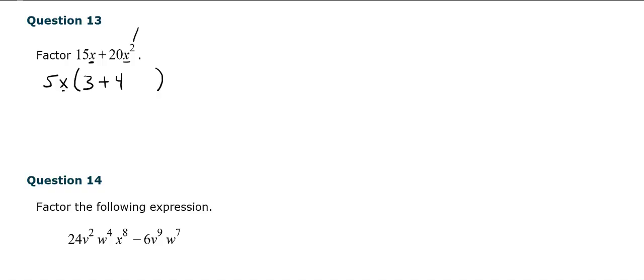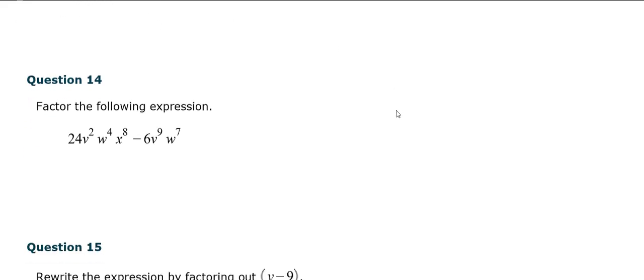I had 2 x's to begin with, and I'm taking 1 out. So when you're dividing, you're really subtracting the exponent. So that means I have 1 left. So 15x plus 20x squared factors to 5x times the quantity 3 plus 4x.